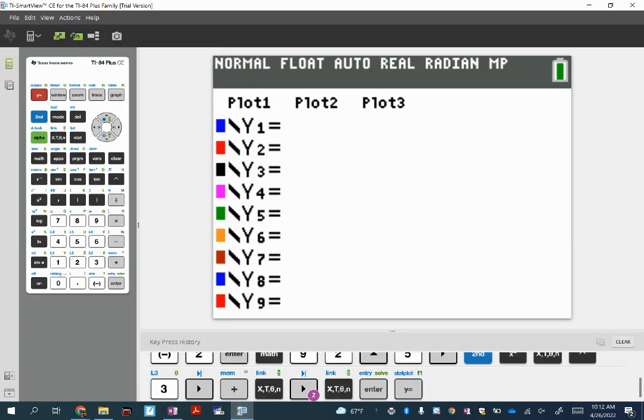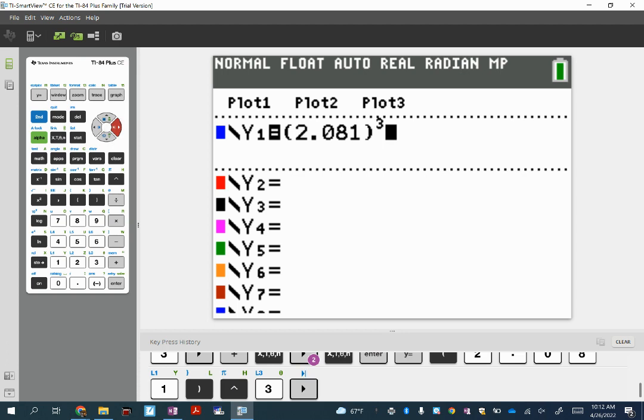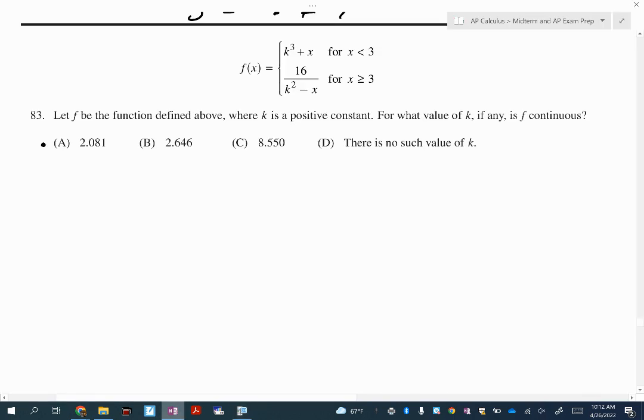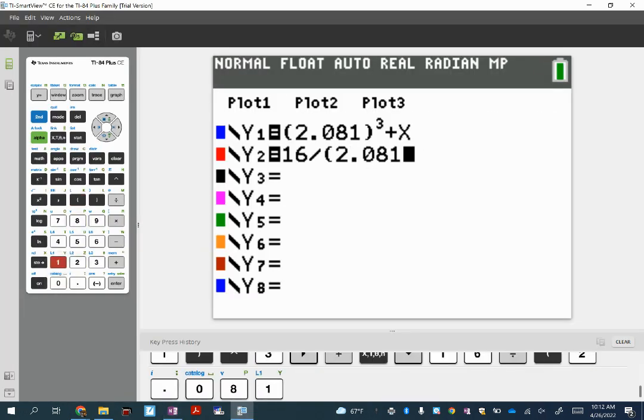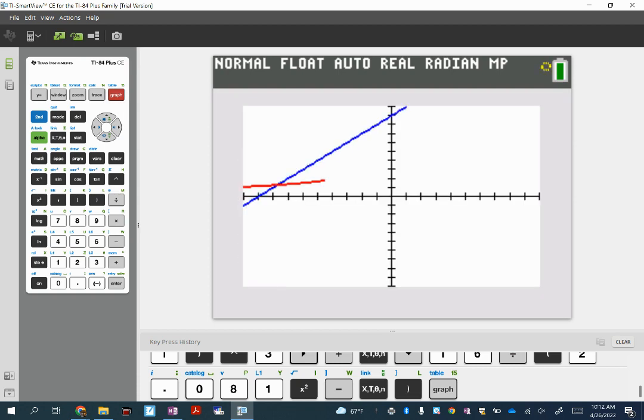So I go to y equals to graph, and I'm doing 2.081 cubed plus x. All right, that's my first graph. And the next one says 16 divided by k squared minus x, so 2.081 squared minus x.